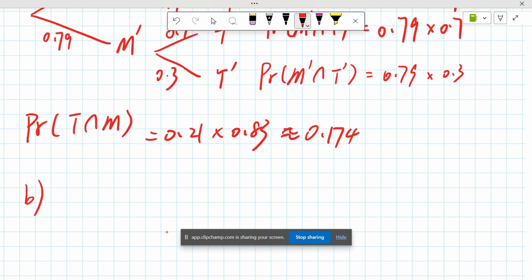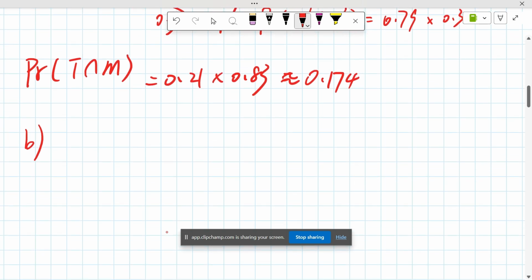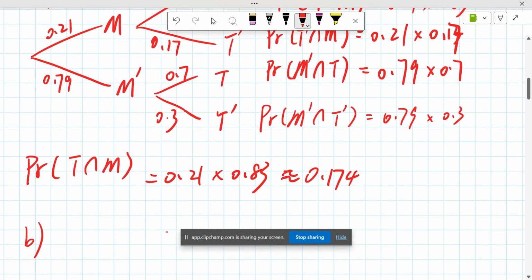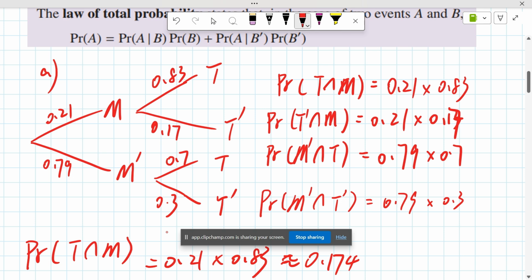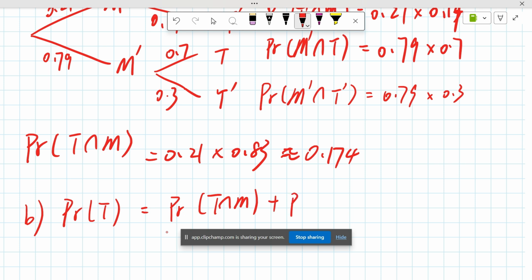And for question B, we want to find the probability of raining on Tuesday. We're just adding those up. The probability of T will be the probability of T intersect M plus the probability of T intersect not M.